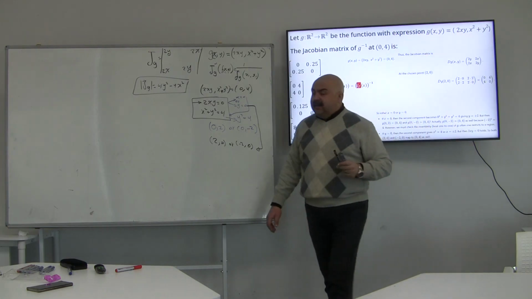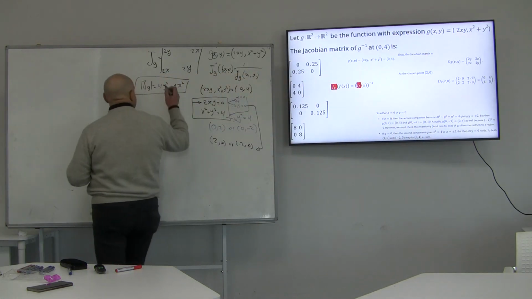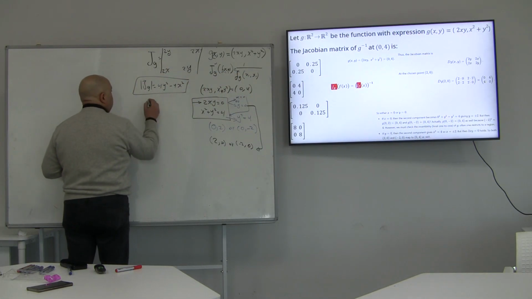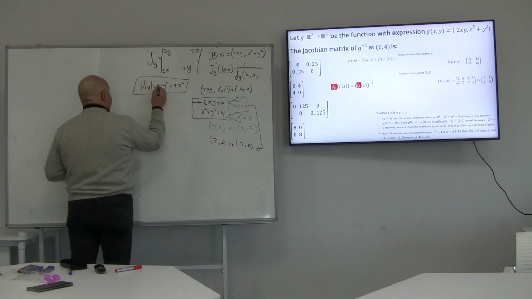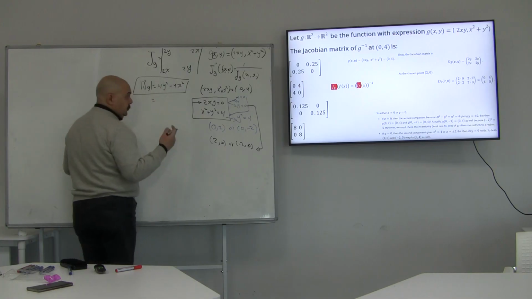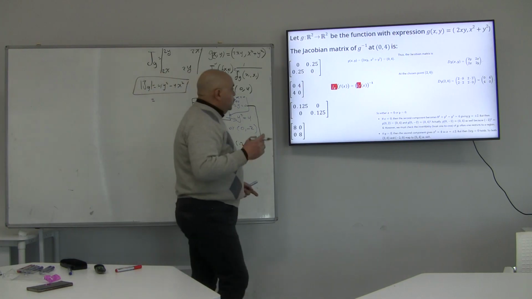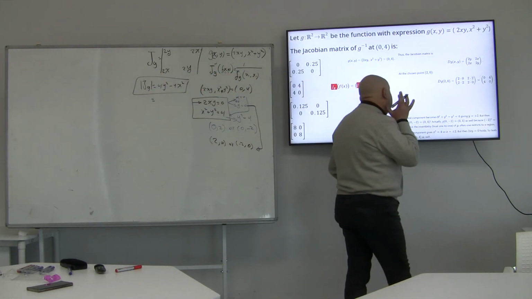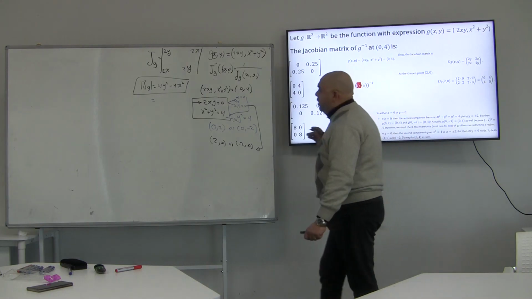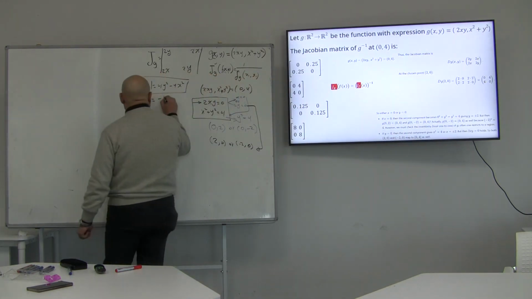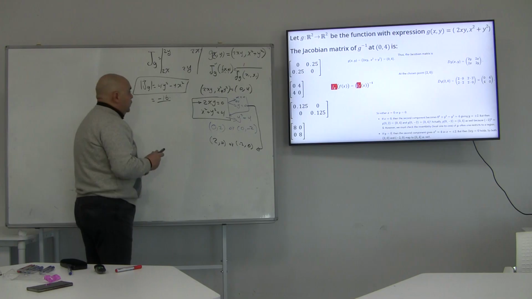Evaluating its value at 2 and 0, it's going to leave you with 4 times the value of y, so it's going to be 0, minus 4 times 2 to the power of 2, so you will have negative 16. Now I have that it is negative 16.